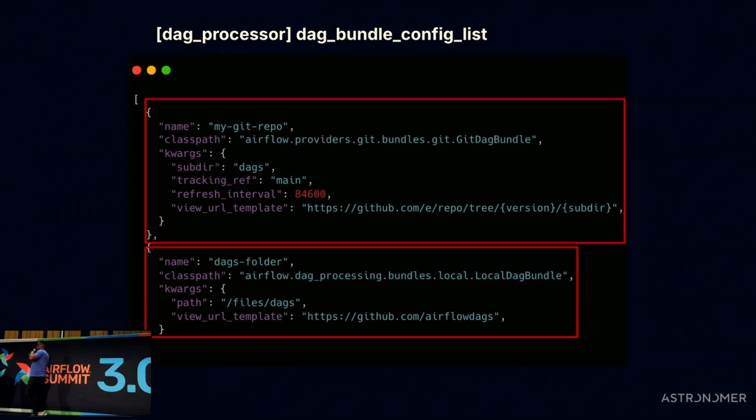That tells us that this bundle is a Git Dag bundle. And you can also see the other configurations. Then down there, you have the Dags folder, which is a local Dag bundle. You can also see the class path, which tells us the type of bundle. So you can have a number of configurations, like Git Dag bundle, multiple times. The important thing is that the name is always unique. Once the name is unique, you can have as many as you want.